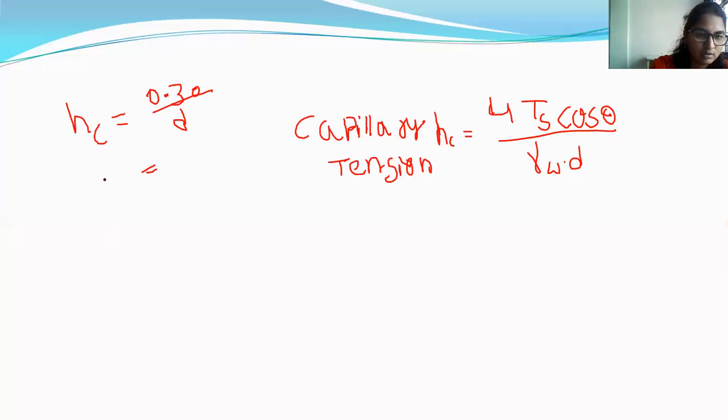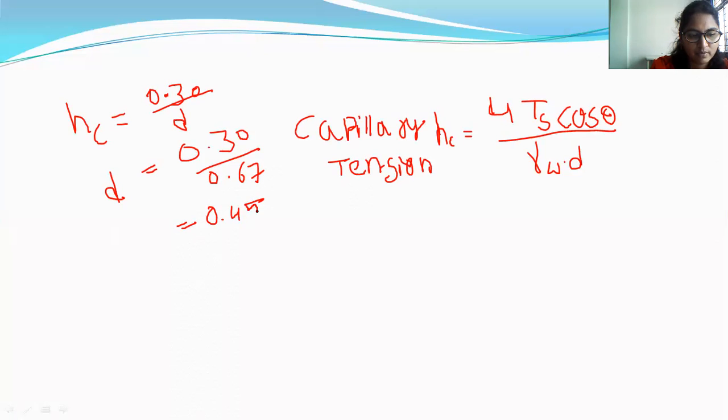So d is equal to 0.30 by 0.67. What is the value of d? The value of d is equal to 0.45 meters. Here theta is not given, so we assume theta is equal to 0, so cos 0.